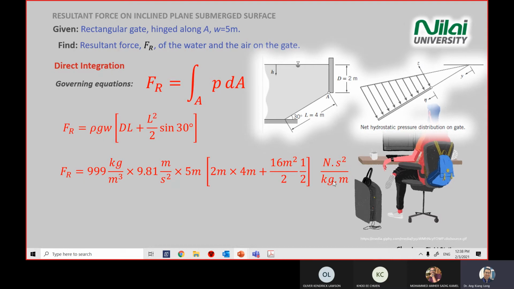The rest is just substitution, and then the unit will be Newton. This is just a cancellation of units: Newton dot second square is equivalent to kilogram dot meter. So at the end, the answer that we're looking for is 588 kilonewton. This is the answer for this method.